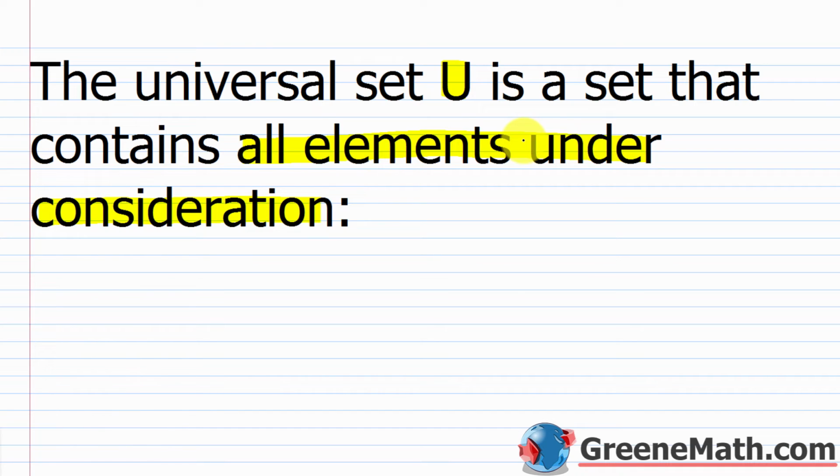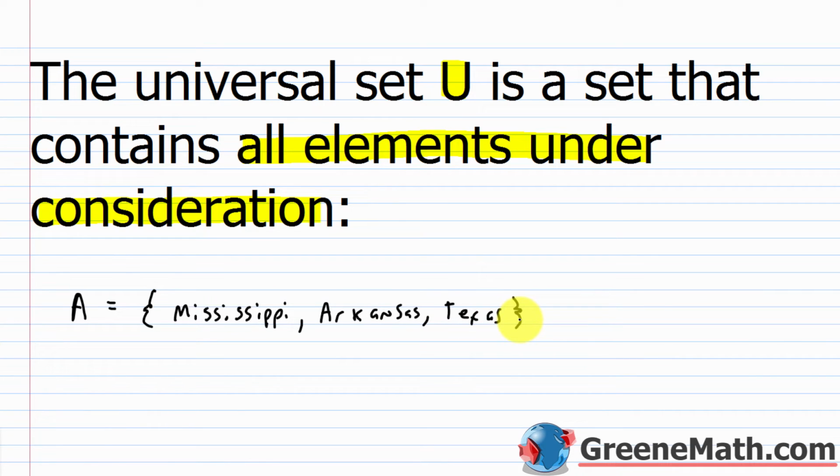Let's name this as set A. So set A has the elements that fit this profile where they're states that border Louisiana. So we already know that this would be Mississippi. We know it would be Arkansas. And we know that it would be Texas. Okay, so 3 elements in this set.